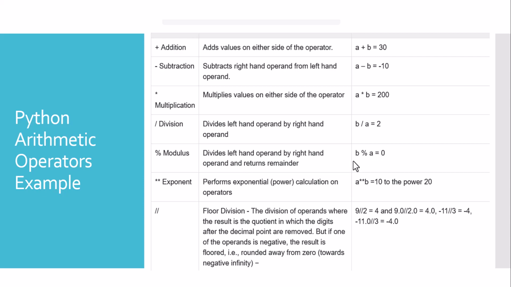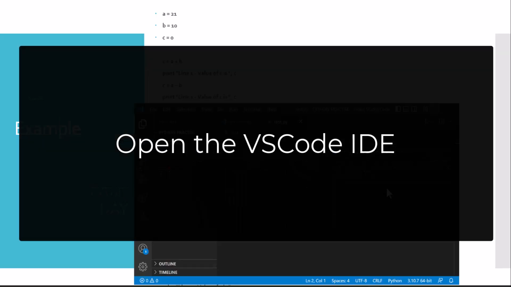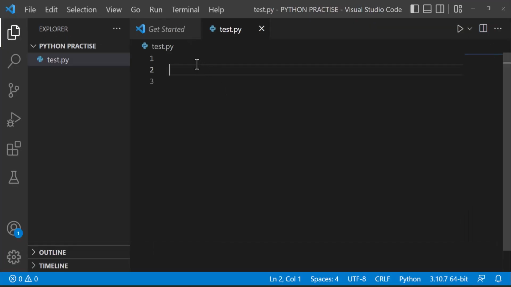Like here, 10 modulus 20, the remainder is 10. Then exponent performs the exponential power calculation on the operators, a to the power b, which means 10 to the power 20. Similarly these are the arithmetic operations; open the IDE and you can see all the examples for these operators.